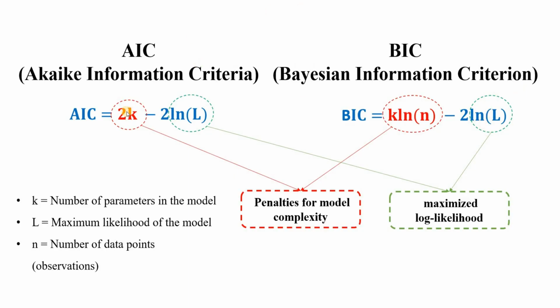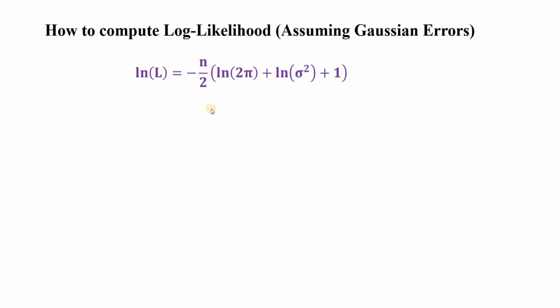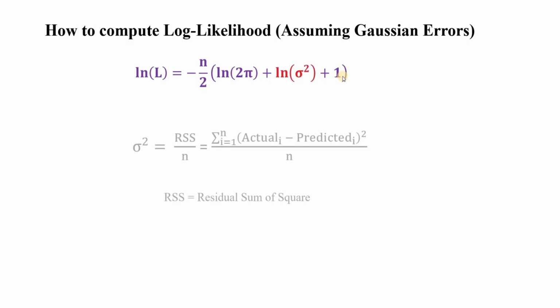So here we know the number of parameters of any model, we know the number of data points of that experiment. The only thing we need to calculate is this L value. So how to compute log likelihood? There are various formulas you may see for the value of L. Assuming the Gaussian case, this is the simplest formula, where natural log L is equal to minus n by 2, into a constant term, natural log of 2 pi plus natural log sigma square plus 1, where this sigma square term is calculated by RSS divided by n.